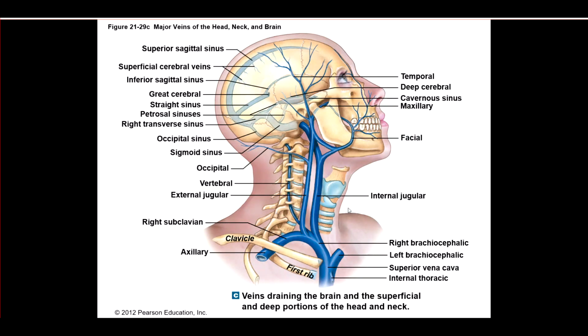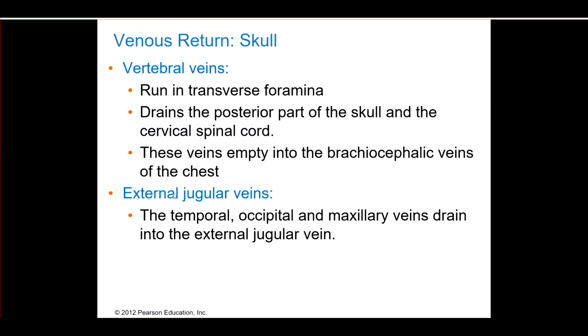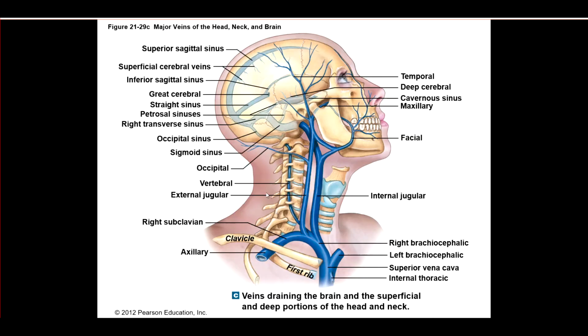It happens to go into the internal jugular. So to go backwards, the external jugular veins are going to receive the temporal veins, the occipital veins, the maxillary veins. All of these veins are draining into the external jugular. And then you see this external jugular right here kind of dumping into the brachiocephalic vein also.